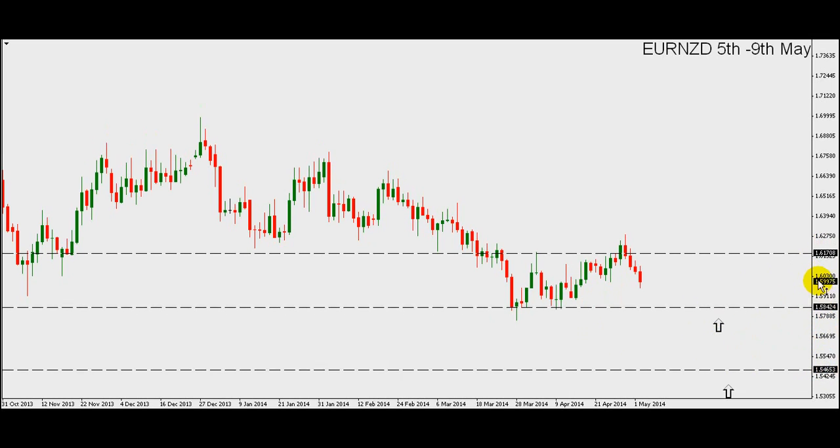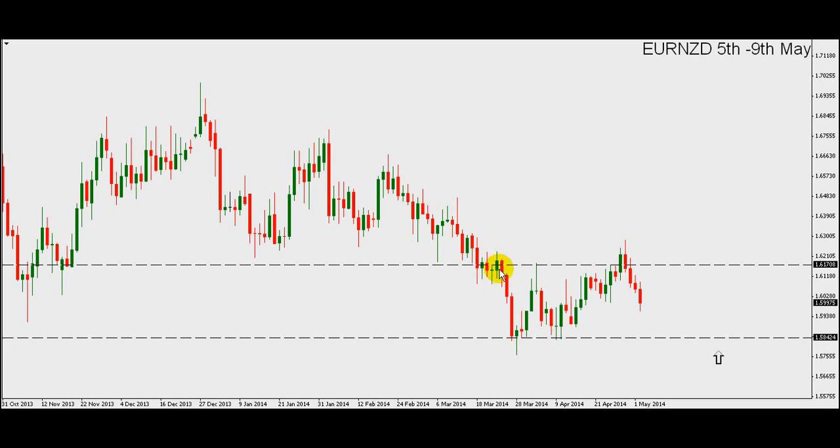So there's plenty of room on this pair, but you've got to get the right price action at the right levels to be able to trade this, and I wouldn't be looking immediately for a long position out of this level here. You've got to be looking for the correct price action. So as I said, sell down from 161.70 if we get up to that level, or a possible buy from 158.42, but needs the right price action to do that.